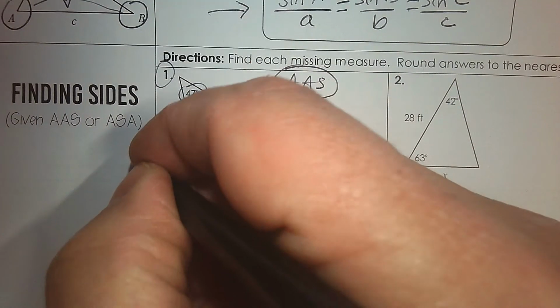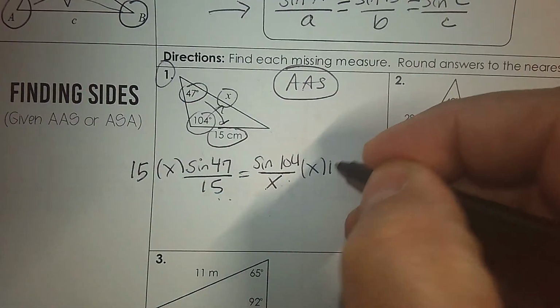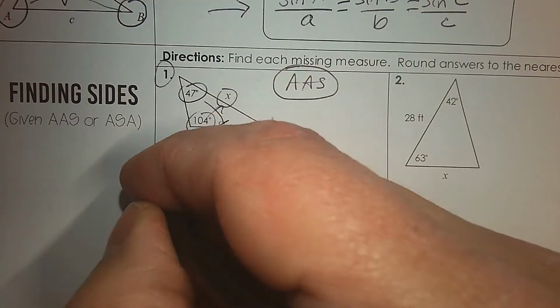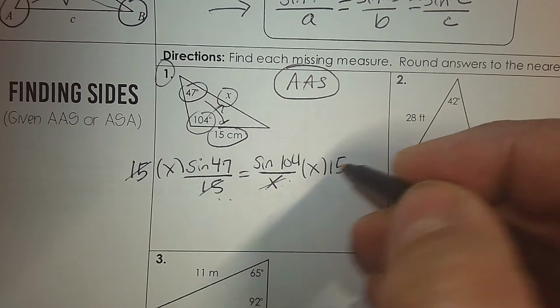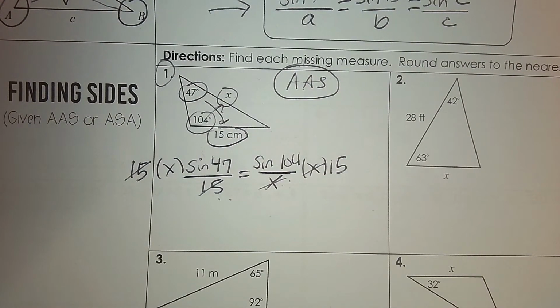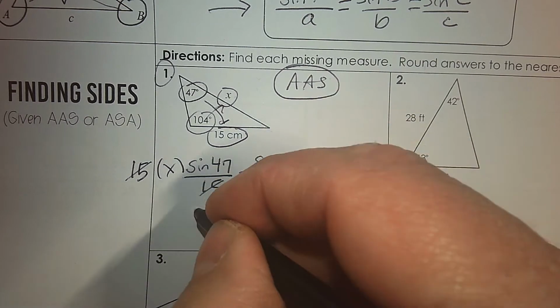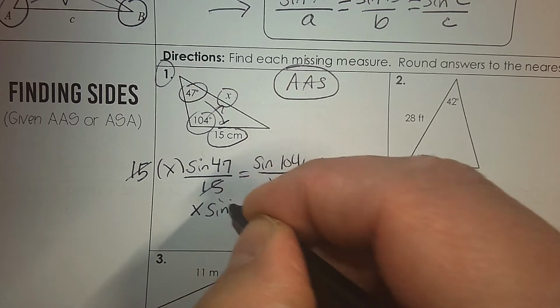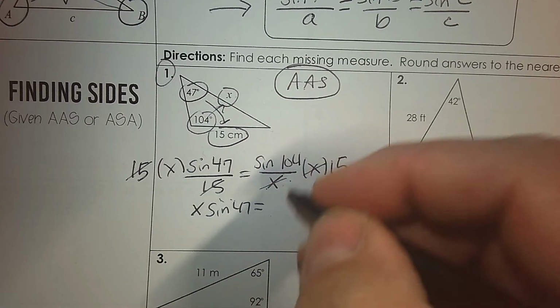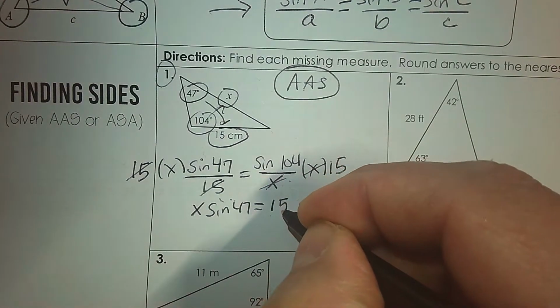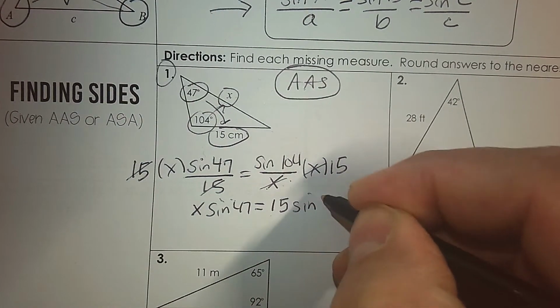So if I multiply both sides by 15, then the 15s cross out and the x's cross out. So if I multiply both sides by the denominators, we end up with x sine 47. And on the other side, we have, and I put the number first, 15 and then sine 104.